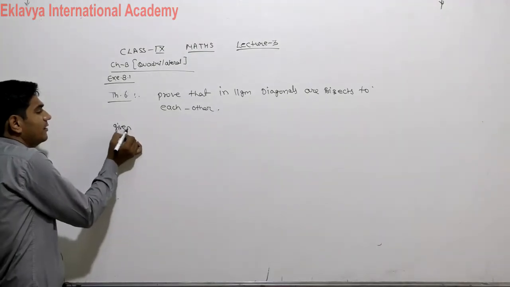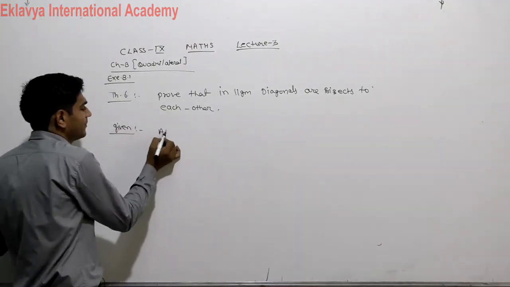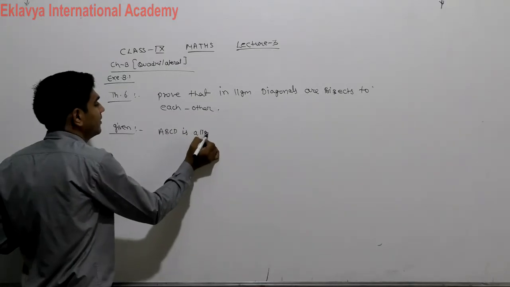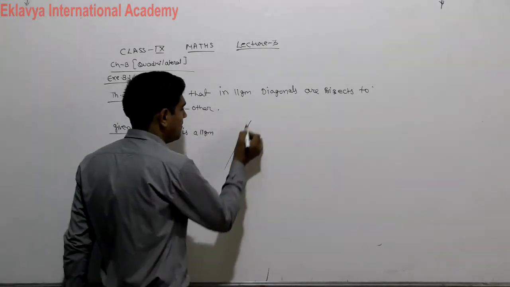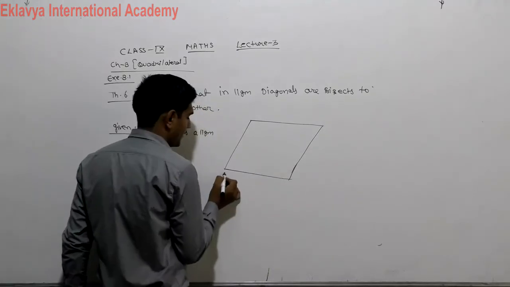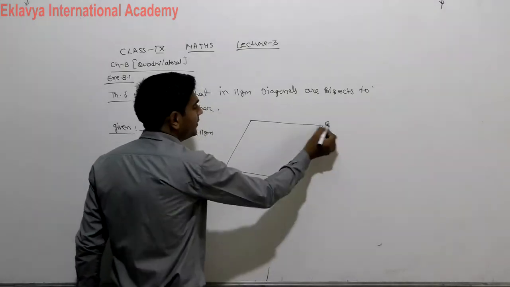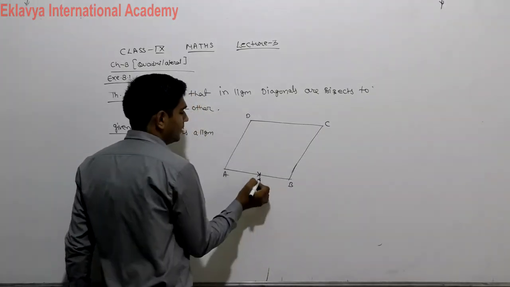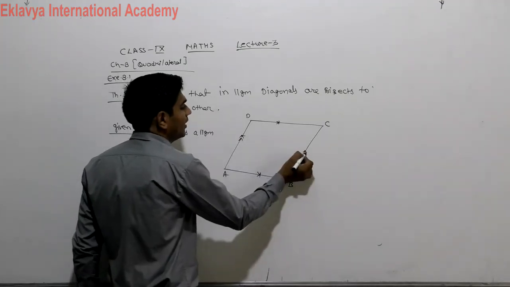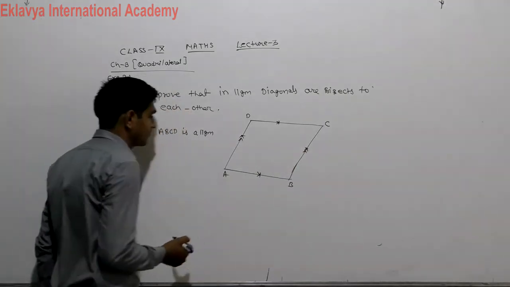So what will you write in given? ABCD is a parallelogram. ABCD parallelogram, their opposite sides are equal and parallel.